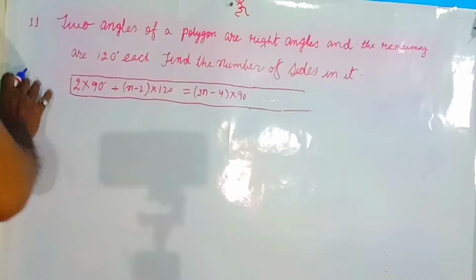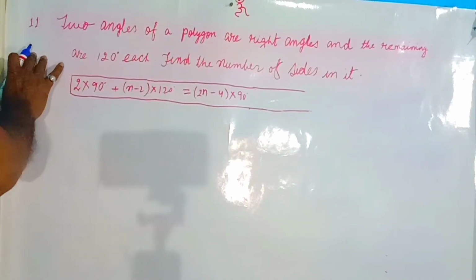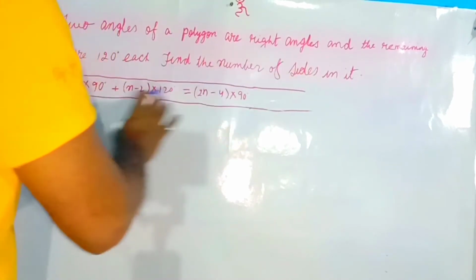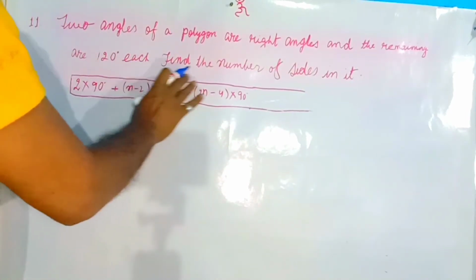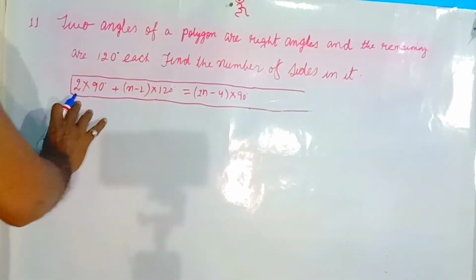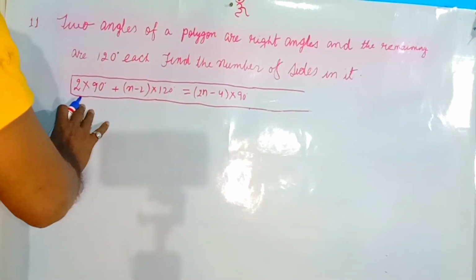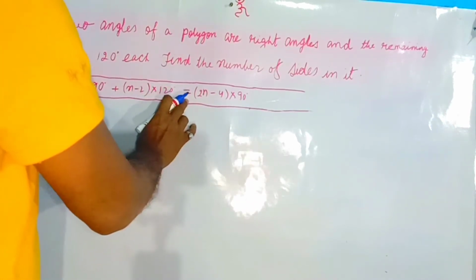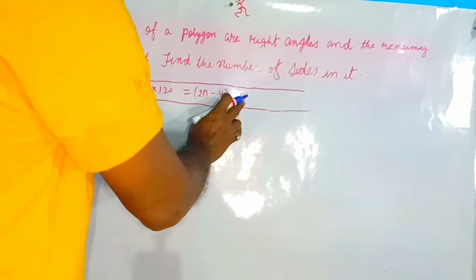That's it. Now we have question number 11: two angles of a polygon are right angles and the remaining are 120 degrees each. Find the number of sides in it. And we have a hint given in the question: 2 into 90 degrees plus (n minus 2) into 120 degrees equals (2n minus 4) into 90 degrees.